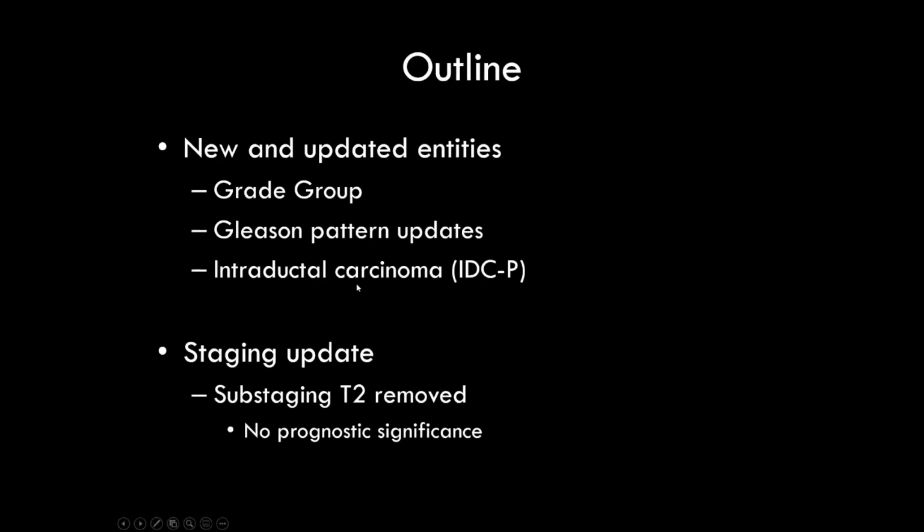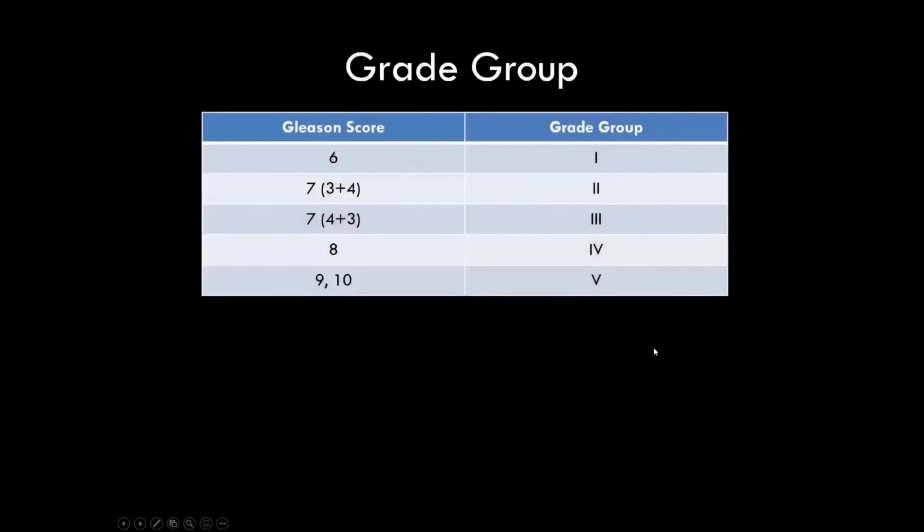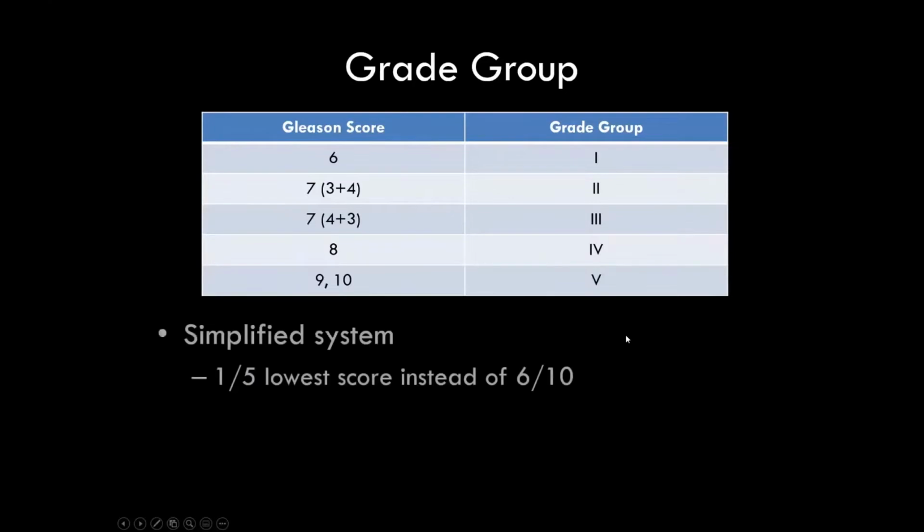So let's look at some of the diagnostic updates in prostate cancer. The first one, as most of you already know and are already doing it in your practice, is that we have adopted the system called the grade group, which is slowly replacing the Gleason scoring system. So this is essentially a simplified system which gives a 5-tier grade group instead of this cumbersome Gleason scoring system that has so many numbers over here, which is very confusing to patients and many clinicians.